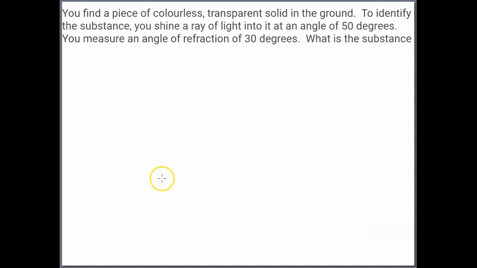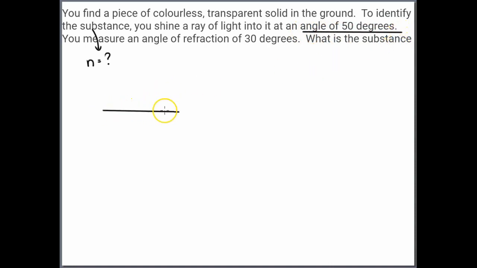All right, let's try another example. Here we find another colorless transparent solid in the ground, and we're trying to identify it. If we want to identify it, we're going to need to figure out what the index of refraction is. Since we can't directly measure the speed of light through it, we shine a ray of light into it at an angle of 50 degrees.